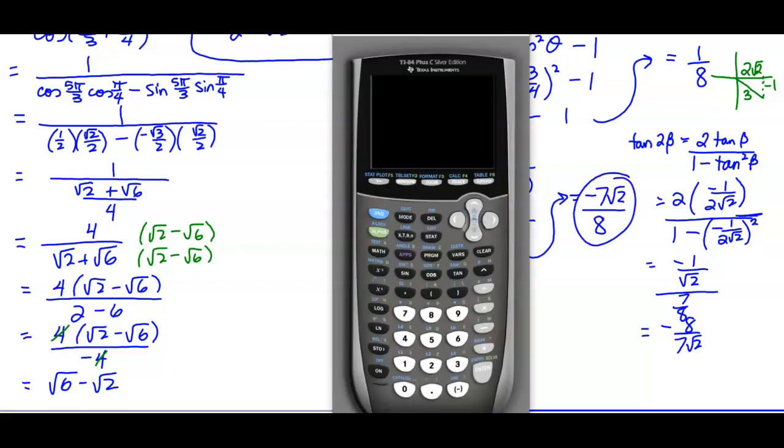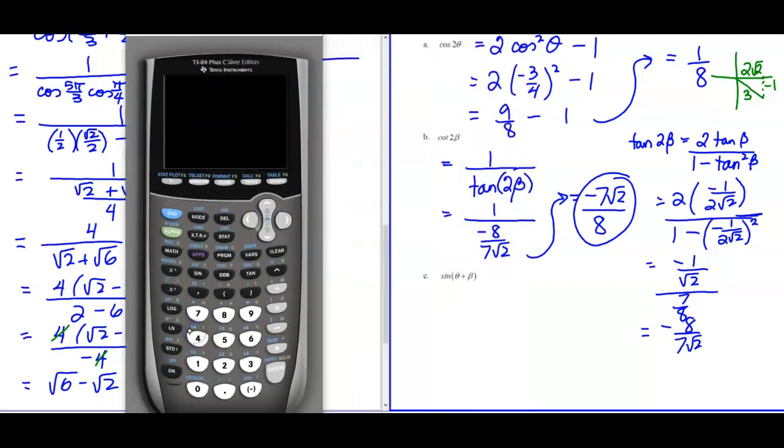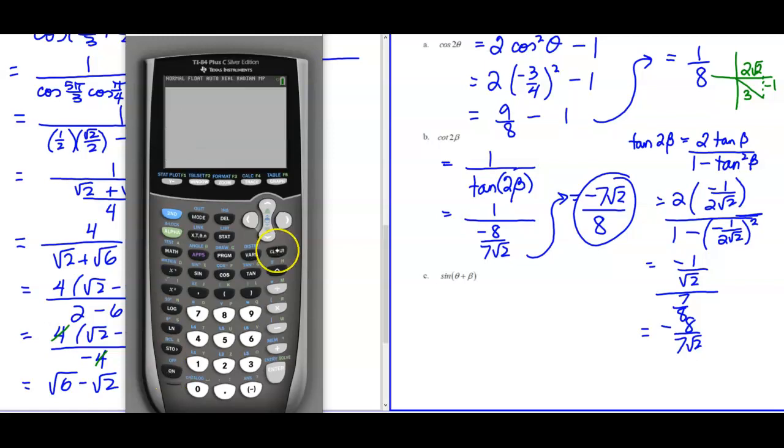Let's check that one. Although I guess there's nothing we can check really. Well, yeah. Okay, so this is going to be -7 root 2 divided by 8. Okay.